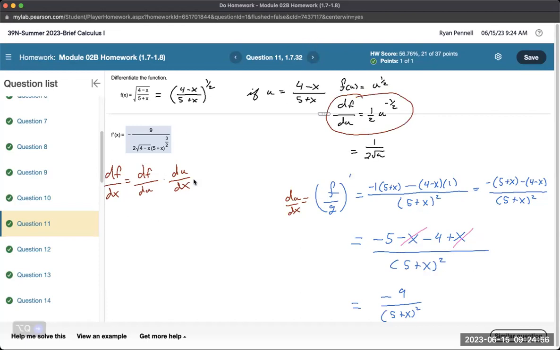I'll switch to black. So my df du is 1 over 2 root u. And actually, there's going to be a part where it's easier to see. Sorry, I'm going to go back on my word here. It's going to be easier to see if I leave it as an exponent.